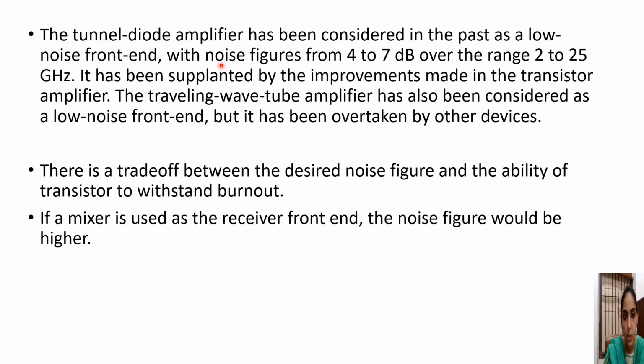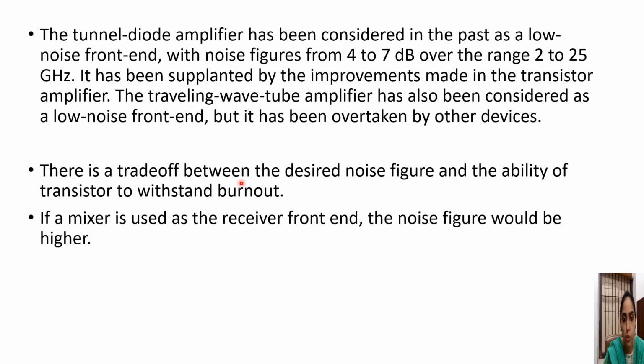Now the tunnel diode amplifier can be considered for use as a low noise front end. It can provide a noise figure of 4 to 7 dB over the range of 2 to 25 gigahertz. Also, the traveling wave tube has been considered for use as a low noise front end amplifier. So you can use all these devices based upon the frequency range and noise figure.